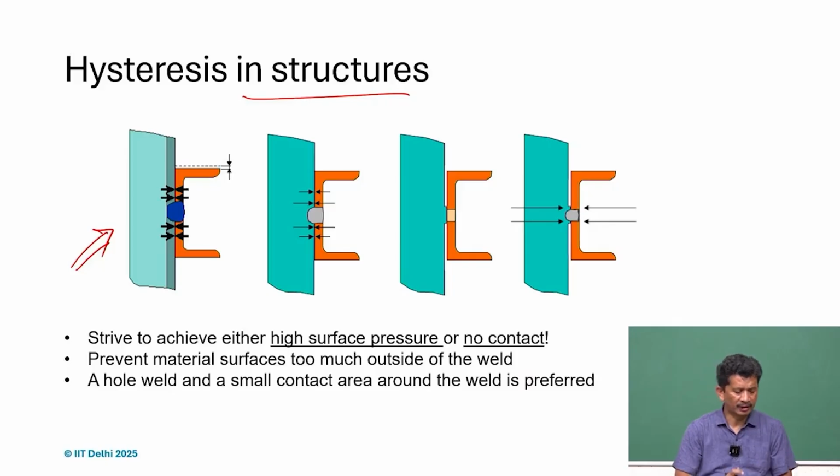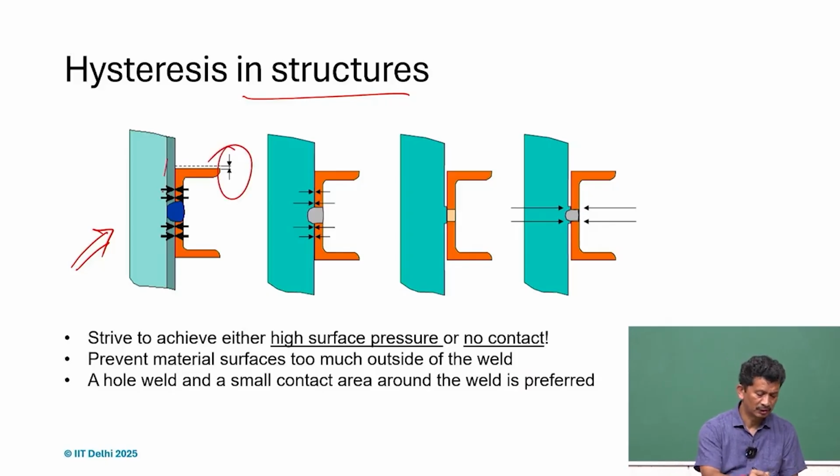Because of that, there will be uncertainty involved, because again the micro slips are happening at the end, which will affect the positioning accuracy of the parts. So what is then desired is that we should look for high surface pressure or no contact, and this is what we observed in this case.